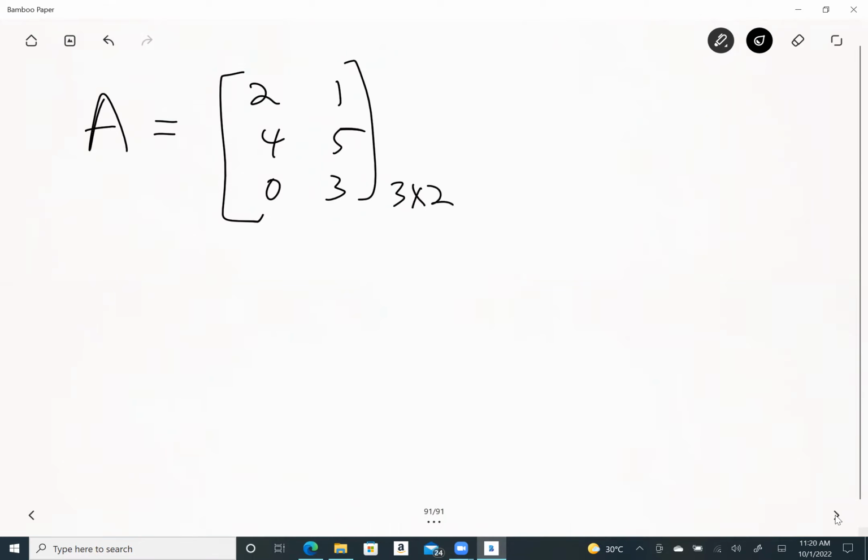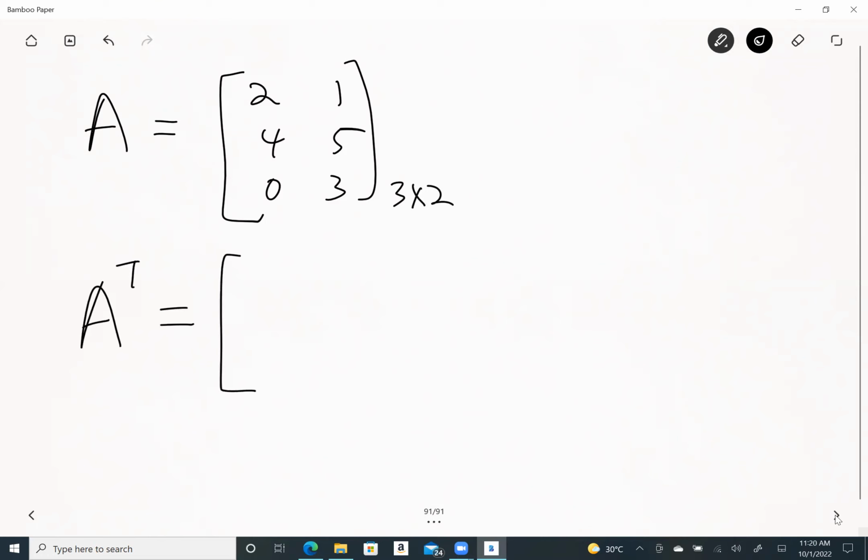So if I consider a matrix A equal to 2, 1, 4, 5, 0, 3. So here I have, what is the dimension of the matrix? 3 by 2. I have 3 rows, 2 columns. Now, transpose of matrix, call it A transpose. What is it? The row becomes column.